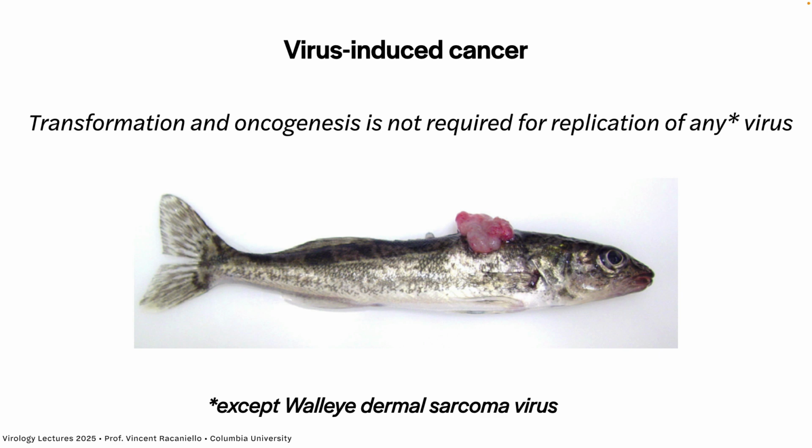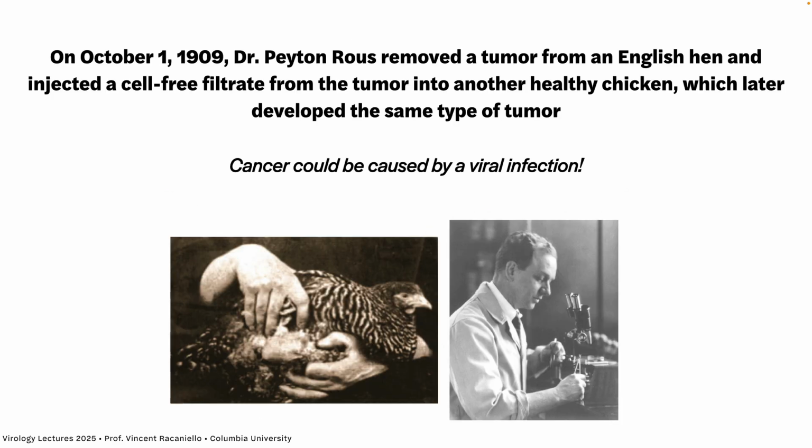This fish is a walleye, and the virus is walleye dermal sarcoma virus. And that's the only example we know where making a tumor is actually needed for virus transmission. I'll talk about that later. So now I have an asterisk by that statement because of that nice person who emailed me.